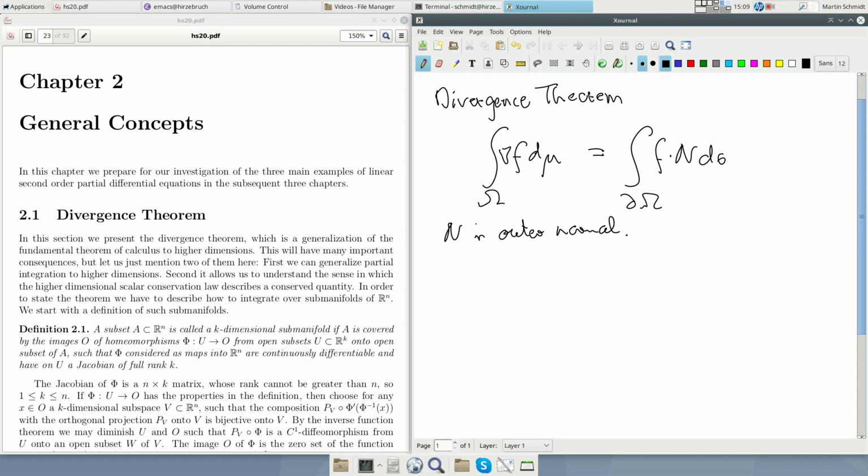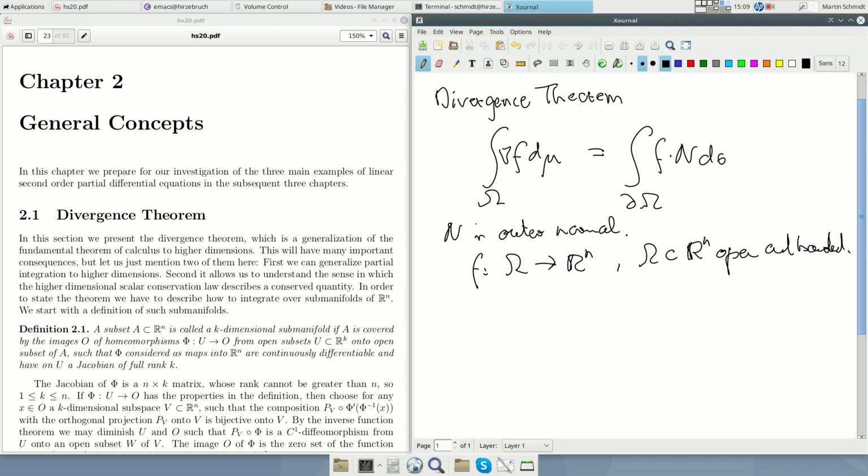Here f is a different f: omega going to Rn, differentiable, and omega is a subset in Rn open and bounded.